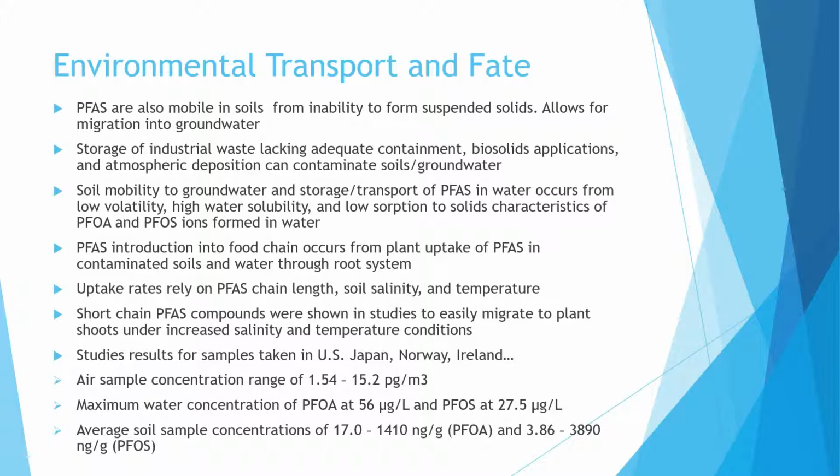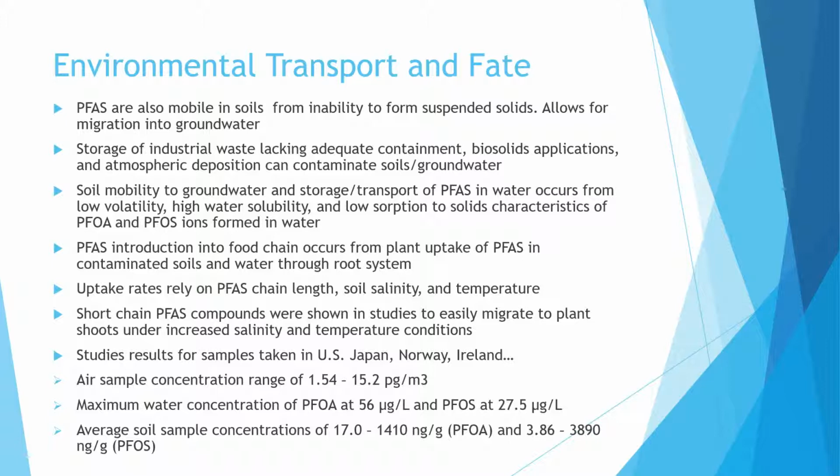Studies have been done in the US, Japan, Norway, and Ireland, just to find out approximations of how much of this stuff is in the environment. Air sample concentrations range from 1.54 to 15.2 picograms per cubic meter. The maximum water concentrations of PFOA were at 56 micrograms per liter and PFOS at 27.5 micrograms per liter.